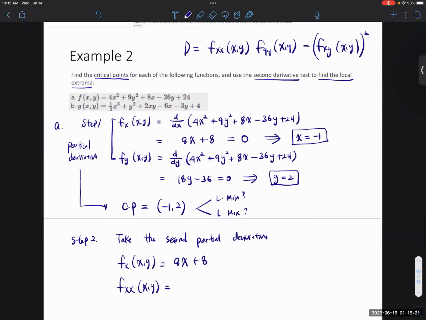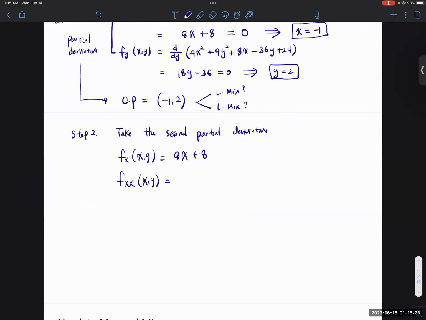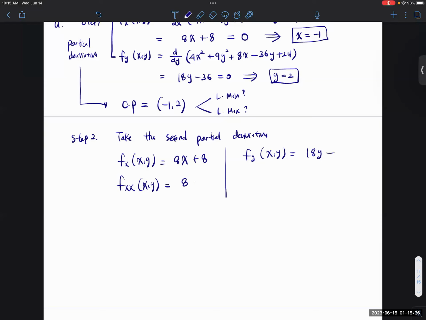Okay, so that's what I'm doing. So here, if you take one more partial derivative with respect to x, what you're going to get is just 8, correct? And then we already know y. What you got? 18y minus 36. So the second partial derivative with respect to y is going to be 18. Am I correct?